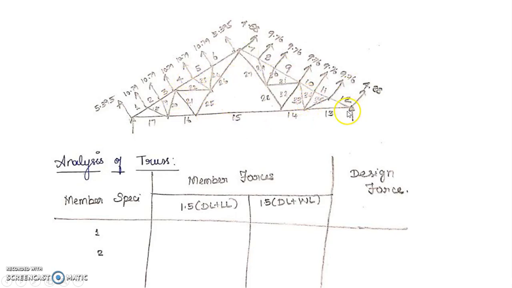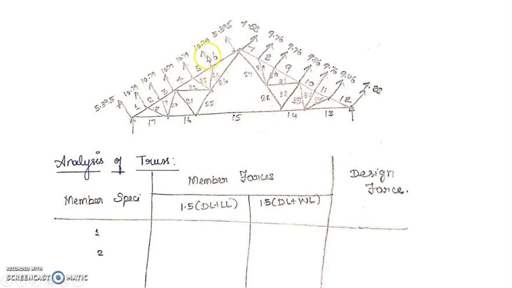So this is the way you have to do the design force. That means you take the maximum force in the top chord; that is your design force for the top chord. What is the maximum force in the bottom chord? That is the design force for the bottom chord. What is the design force for these members? That is the maximum force I am mentioning. Similarly, what is the maximum force in these fan members? Take that force as your design force for the design of the member.